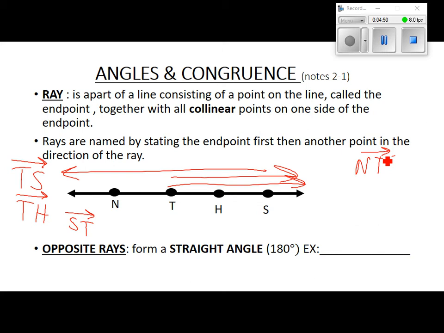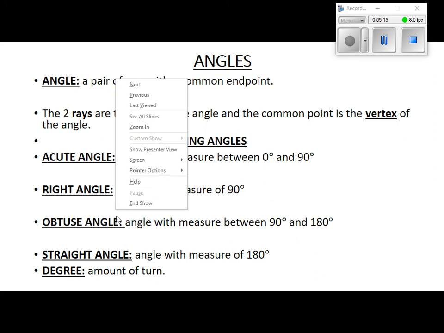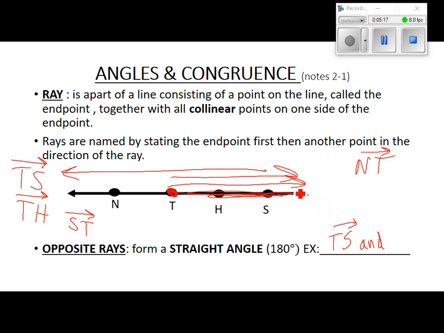Opposite rays, we talked a little bit first in chapter 1 about opposite rays. You guys picked TS, so let's use that one. Ray TS is one of our rays, and if I'm here and I'm going out that direction, what's a ray that would be exactly opposite of that ray?